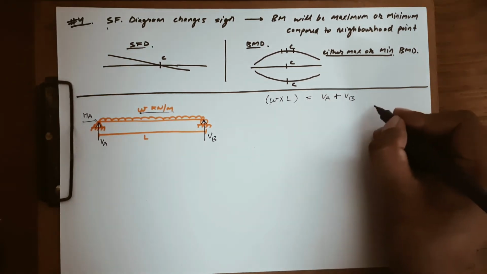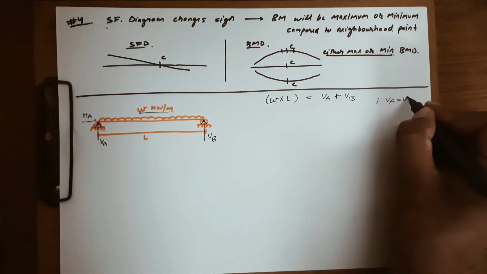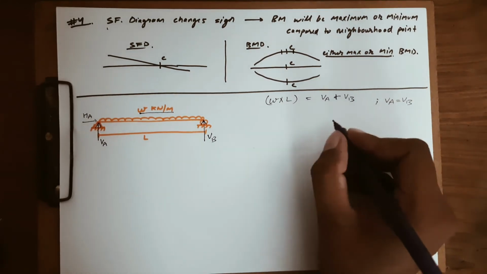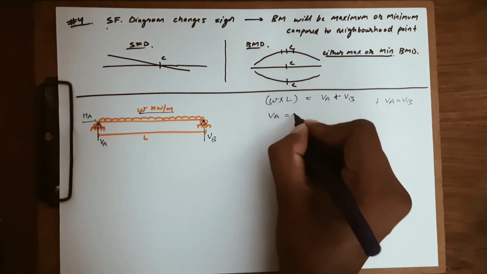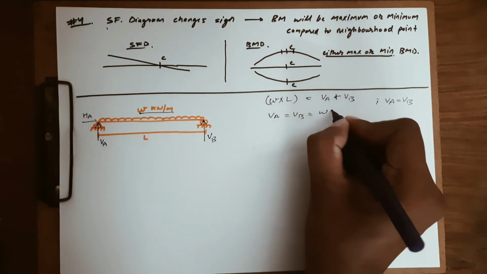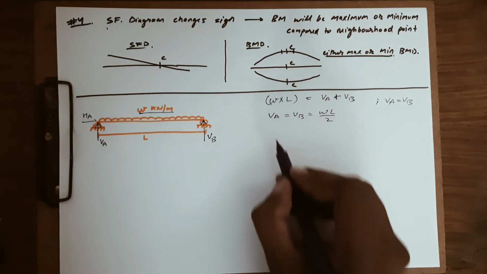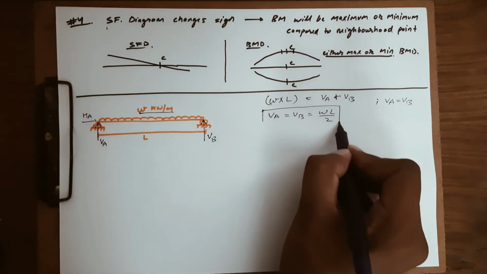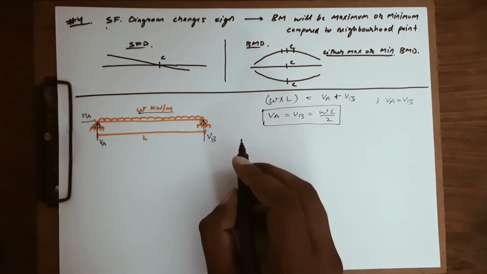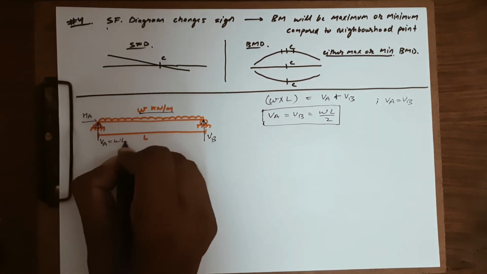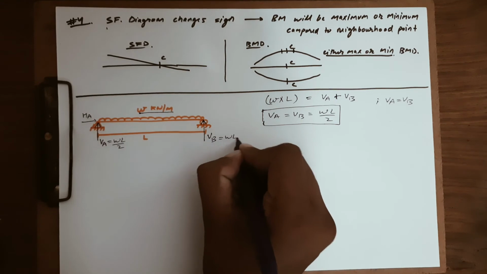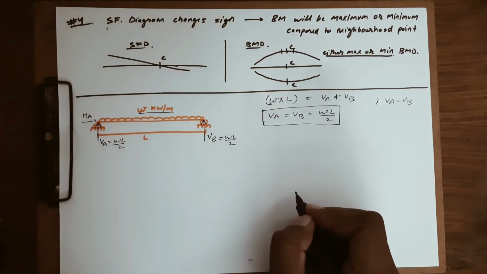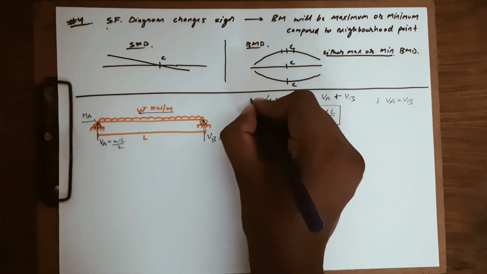Since VA is equal to VB because it is symmetrical, we get VA equals VB equals WL by 2. In this way we get the support reactions quickly. So it will be WL by 2 and WL by 2. This is our first step.